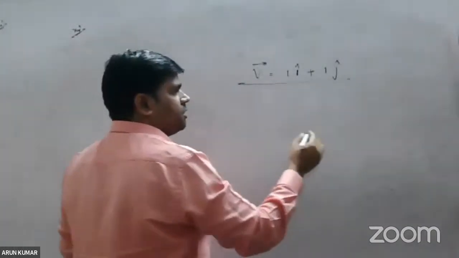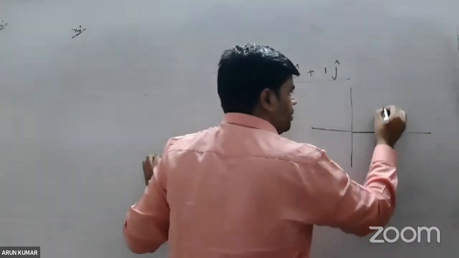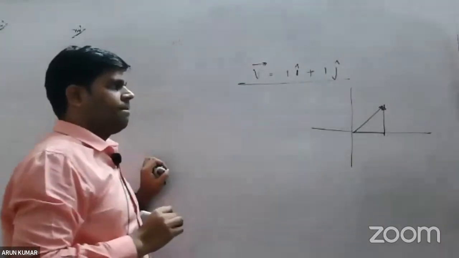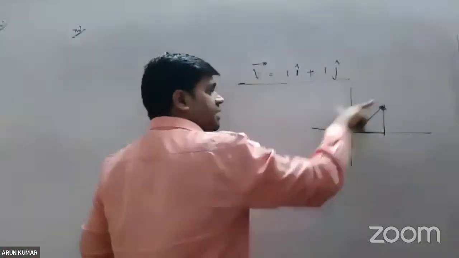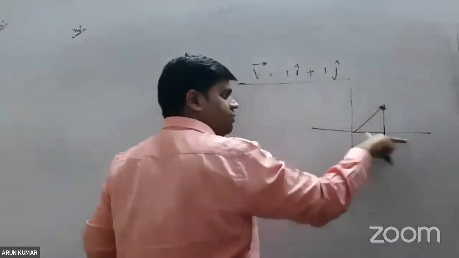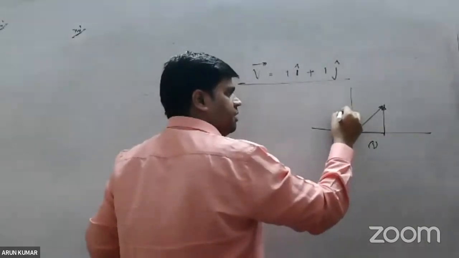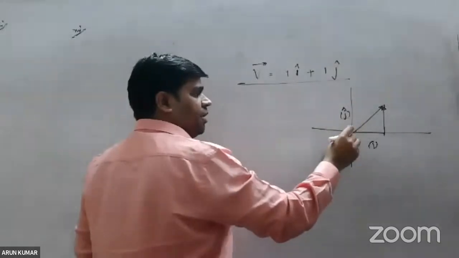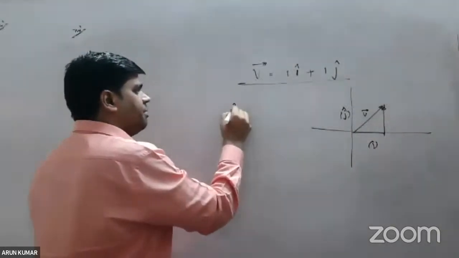If I draw this vector, how is it? It's 1 here, 1 here. So the resultant is somewhere here. Now I want the unit vector in this direction. I know the unit vector along the X direction is I cap, and along the Y direction it is J cap. But I want the unit vector of V bar along the V direction. That is, I want V cap.